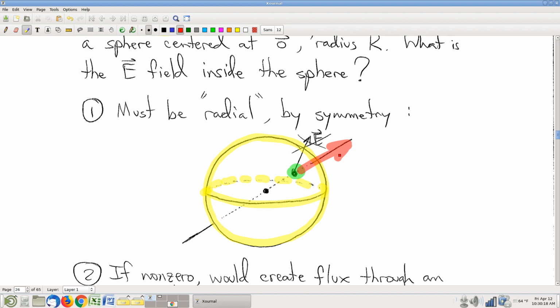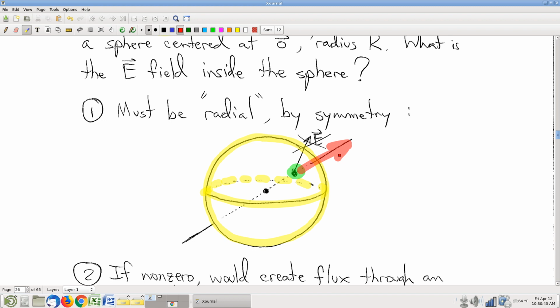If you take a uniformly charged perfect sphere and rotate it, nothing really happens. It's still a uniformly charged sphere, even if you rotate it. So how could the field not also be radial? Right? It doesn't make any sense. So I argue that it's got to be on axis like that.